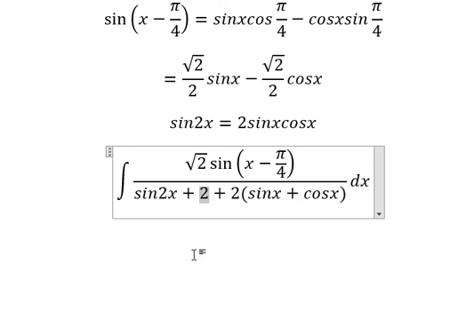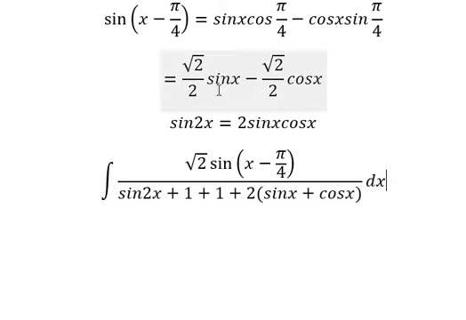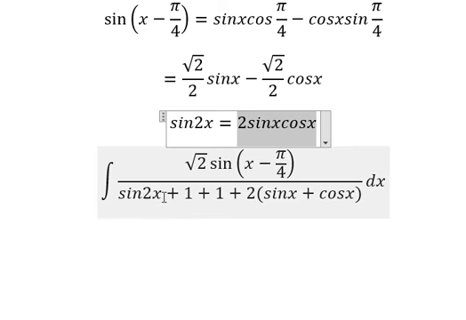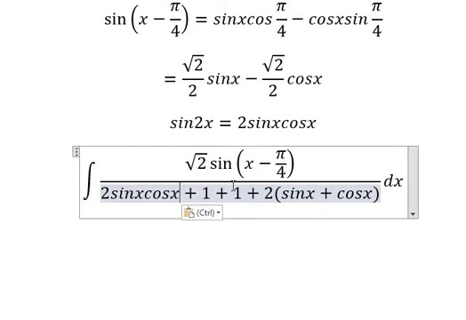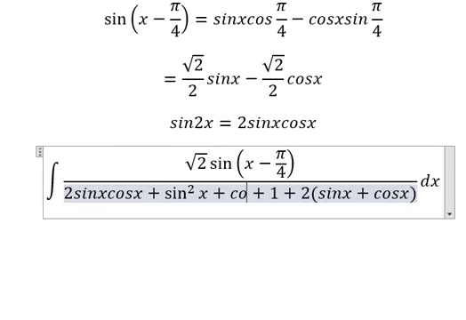In number 2 we can write 1 plus 1. Now sin 2x is this one. Number 1 is sine squared x plus cosine squared x.